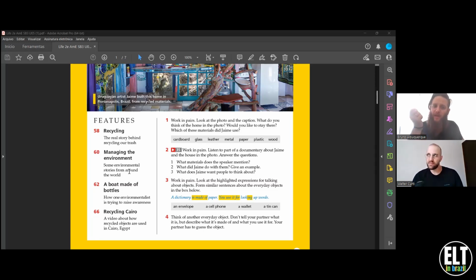And when we're talking about adult learners, which I believe Life is directed towards, or older teens or young adults, let's say, you don't know what you're going to learn. Myself as a teacher, when I read recycling, managing the environment, a boat made of bottles, and recycling Cairo, I have no idea what language will be taught in this unit.